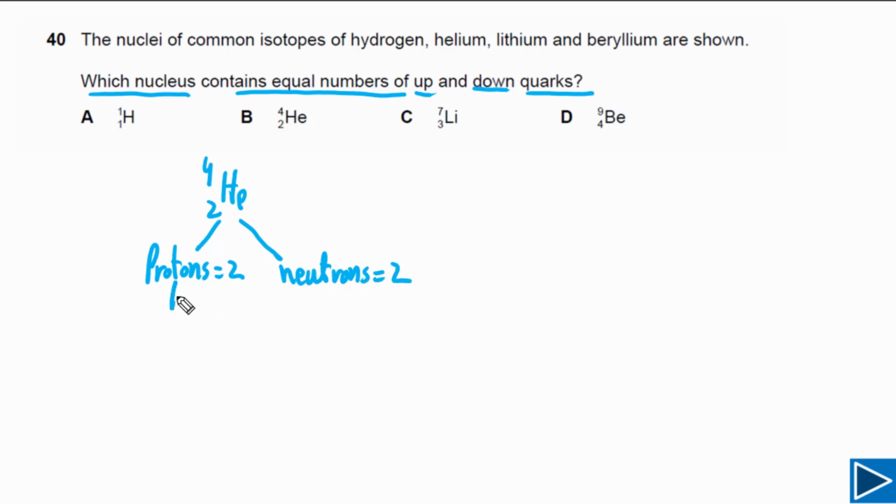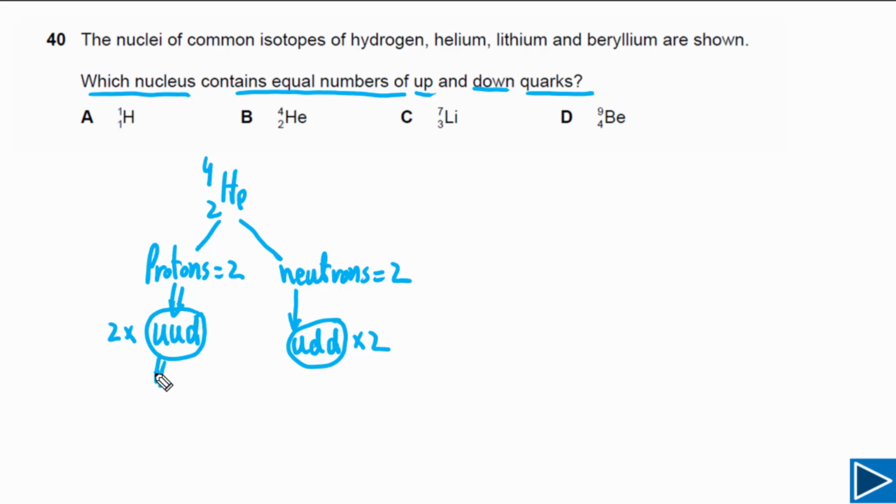Next thing we need to understand, proton consists of 2 up quarks and 1 down quark, but we have 2 protons, so we need to multiply by 2. Neutron consists of 1 up quark and 2 down quarks, and there are 2 neutrons in the nucleus, so we need to multiply with 2.